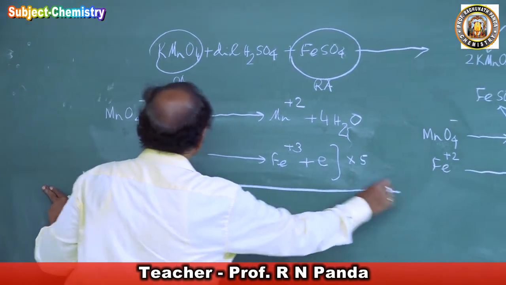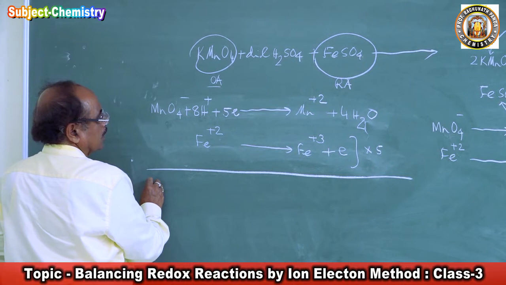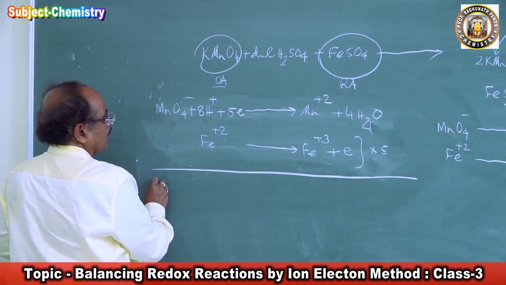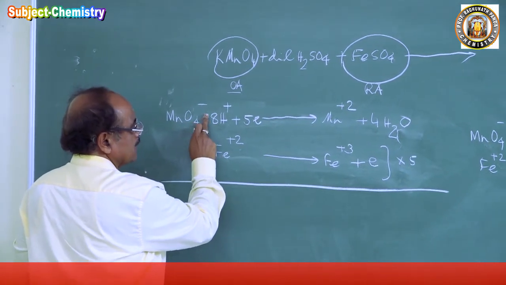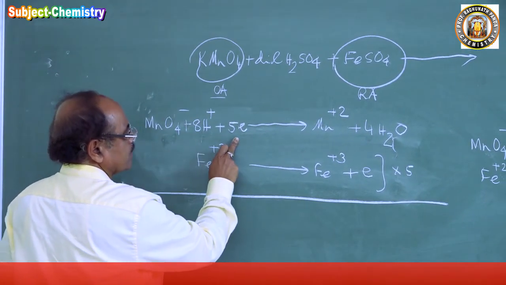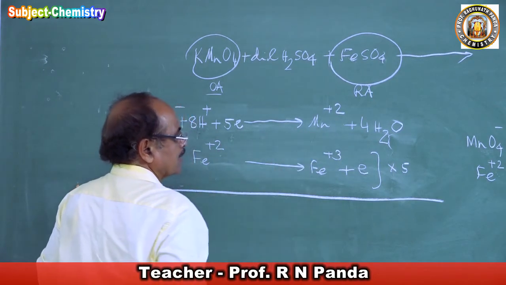So we'll get the equation as MnO4 minus plus 8H plus plus 5e, and we'll have Mn plus 2 plus 4 water.